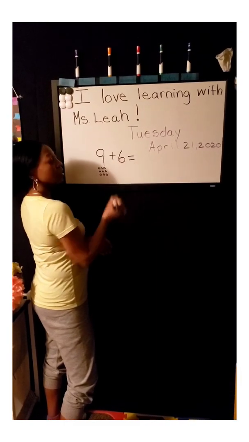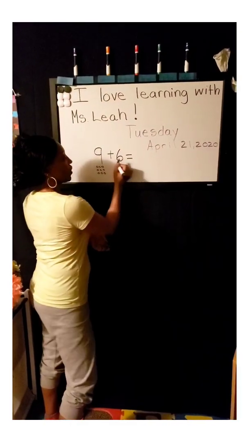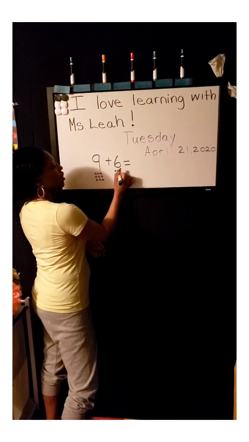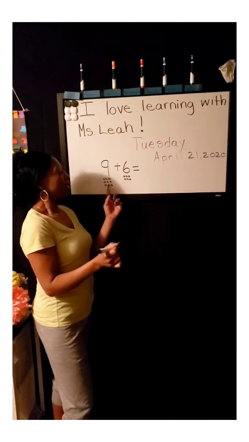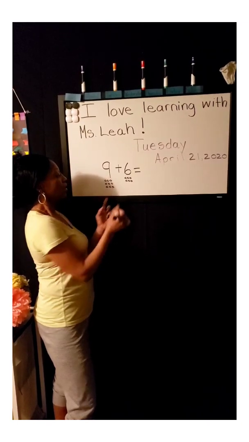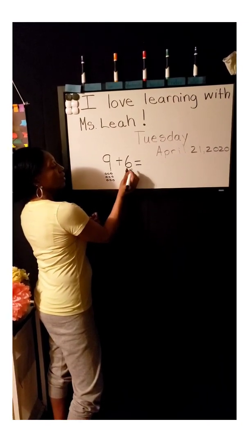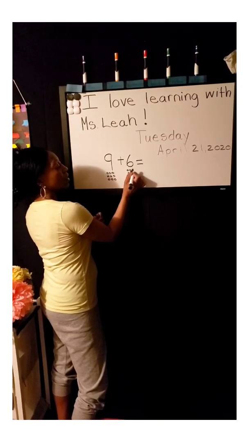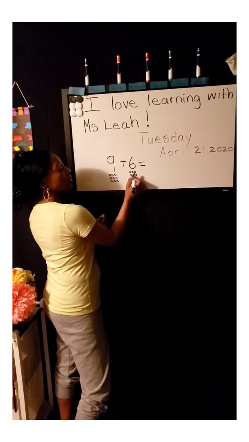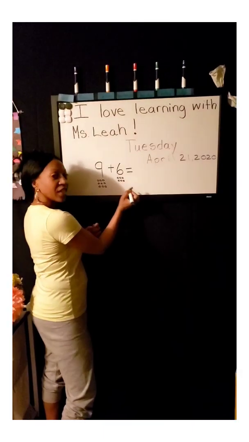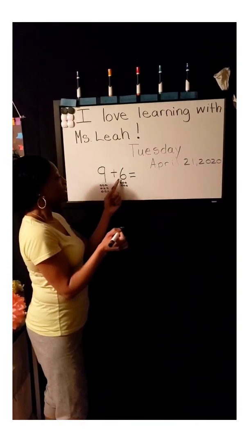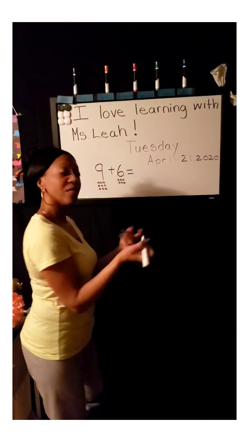There's 9. 6 circles over here for the boys. 1, 2, 3, 4, 5, 6. Count the 9 circles. 9, add the 6. 10, 11, 12, 13, 14, 15. 15. 9 girls plus 6 boys equals 15.